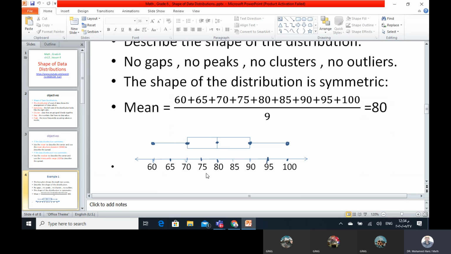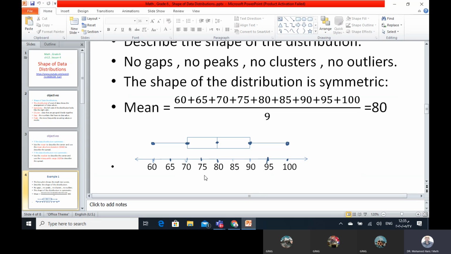The first step is to determine if the shape is symmetric or not. Then find the gaps if you have, find the outliers if you have, find the cluster if you have, and find the peak if you have.